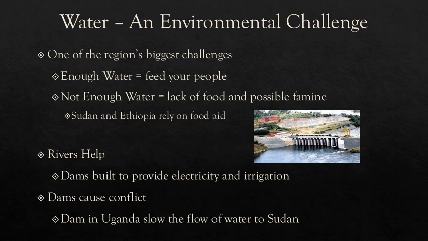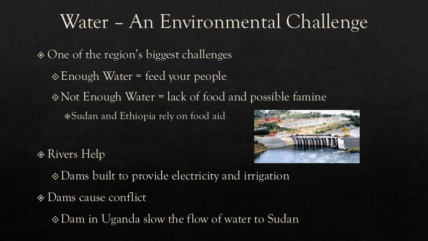You can't grow anything, and possibly you could have famine where large numbers of people are starving. And so if we look at a couple of the countries where this famine happens, in Sudan and Ethiopia, these countries rely on food aid from other countries, where they're getting food from places like America and other countries that are trying to help out.